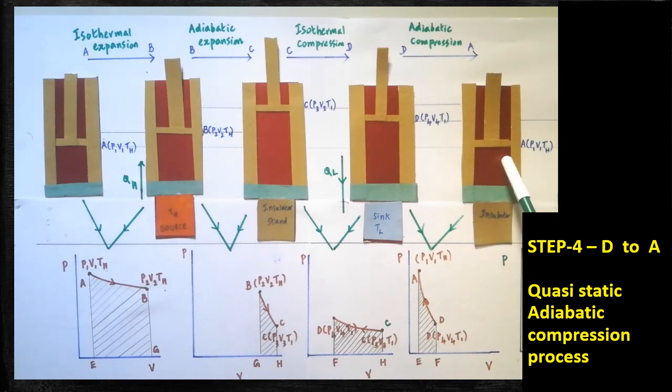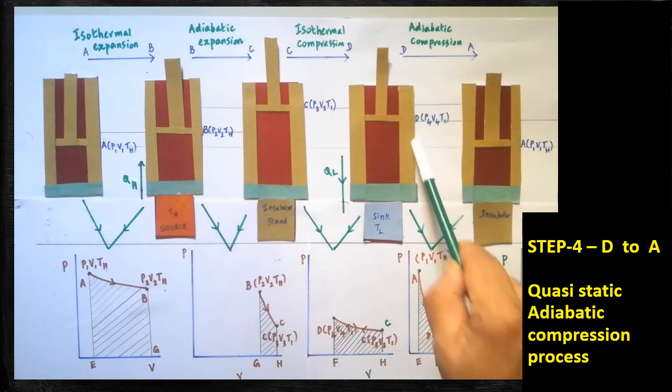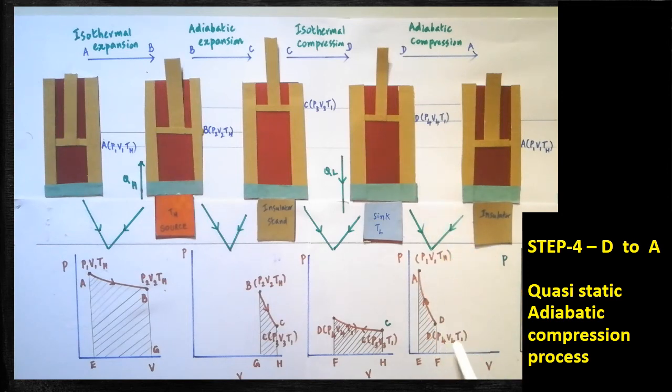Now we'll see how much amount of work is done on the system in the last step. I have compressed it, I have done the work on the system. Work done on the system can be calculated by drawing this graph. Again look at the PV diagram. The initial position is D. There the pressure is P4, volume is V4, temperature is T1.